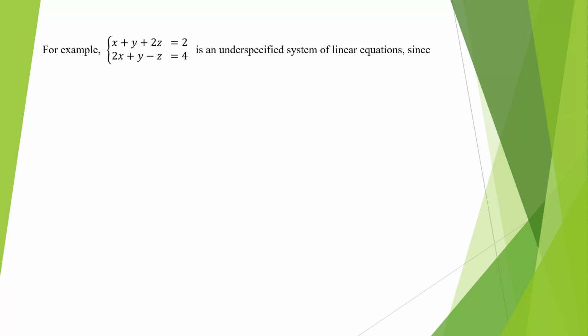For example, this is underspecified because there are more unknowns than equations. We have only 2 equations, but we have 3 unknowns. So we can call it underspecified.